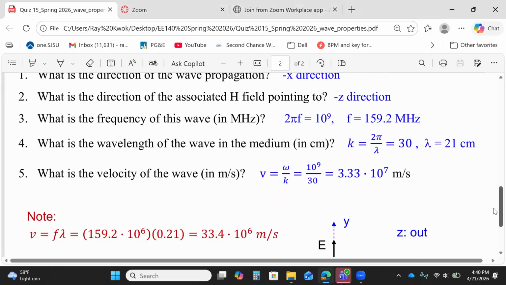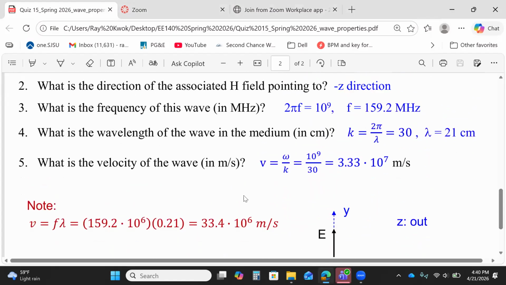And how do you do that? These are the things that you should know, right? The n is the square root of the dielectric constant, and that is c over the velocity. And c is 3 times 10 to the 8 meter per second. Velocity is 3.33 times 10 to the 7, right?